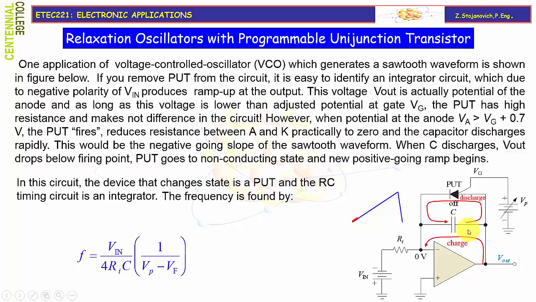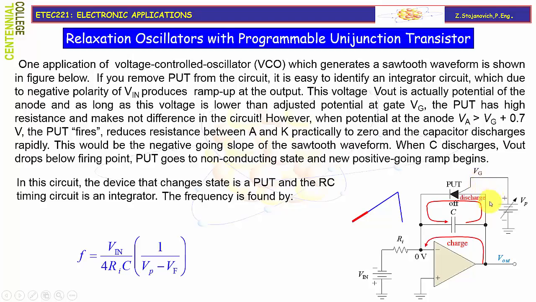This voltage Vout is actually the potential at the anode, and as long as this voltage is lower than the adjusted potential at the gate, Vg, the PUT has high resistance and makes no difference in the circuit. It's like an open circuit.